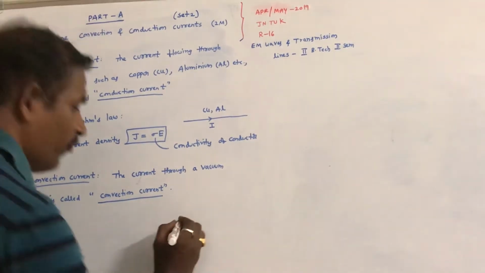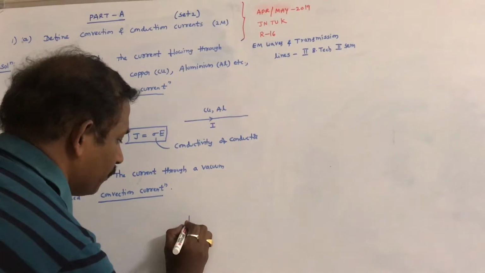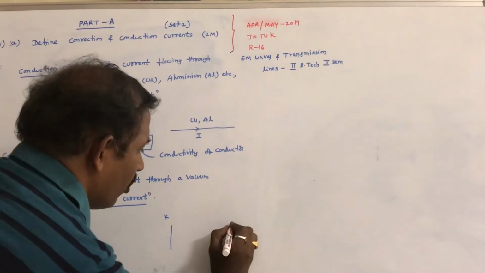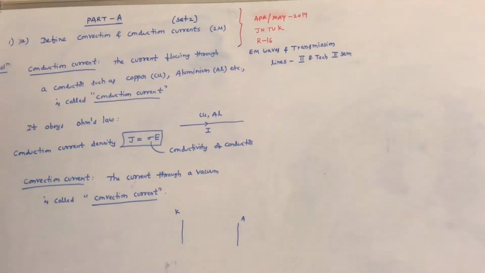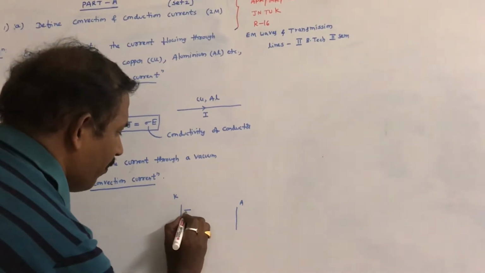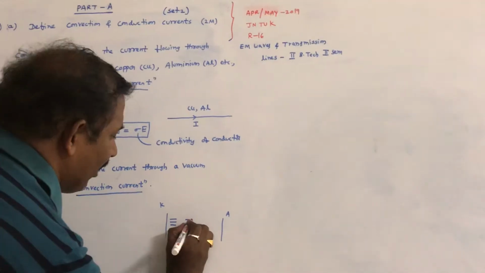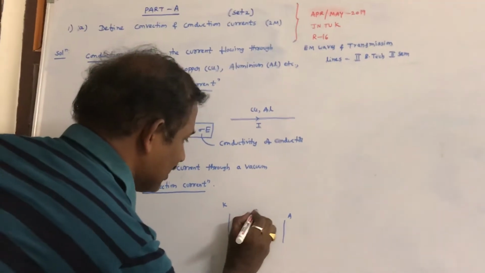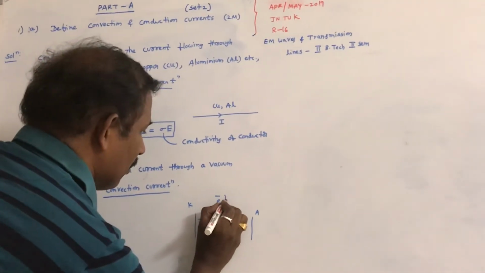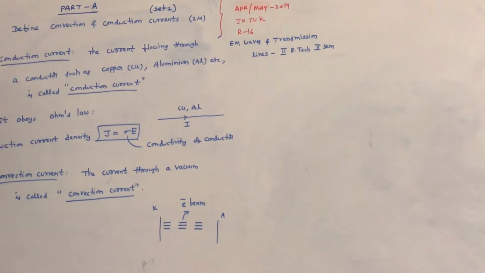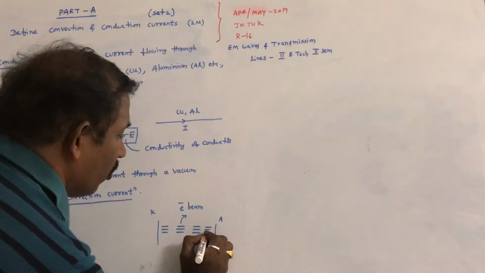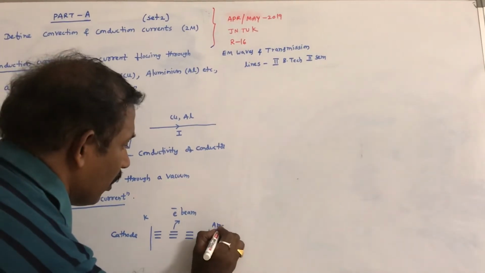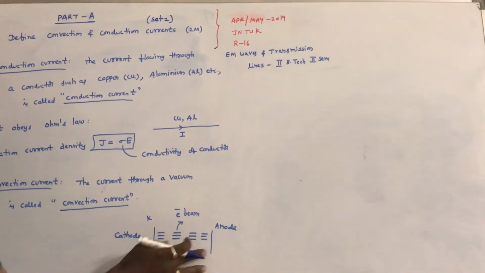For example, if you take a cathode which is represented as K and anode which we represent as A, suppose the electron beam is traveling from cathode to anode. Here you see that there is no wire.